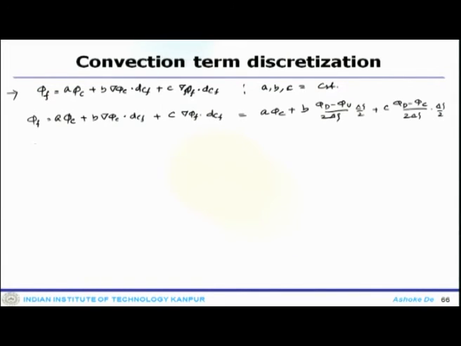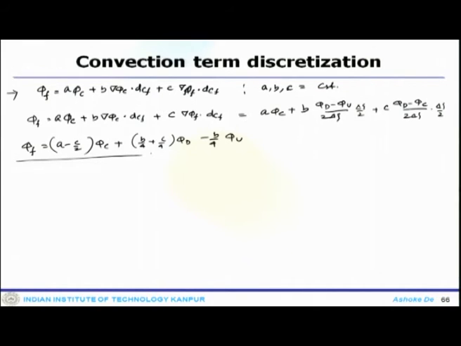Now, you do some algebraic manipulations so that you obtain phi f equals (a minus c by 2) phi c plus (b by 4 plus c by 4) phi d minus b by 4 phi u. Now, you can use the above expression to calculate A, B, C.